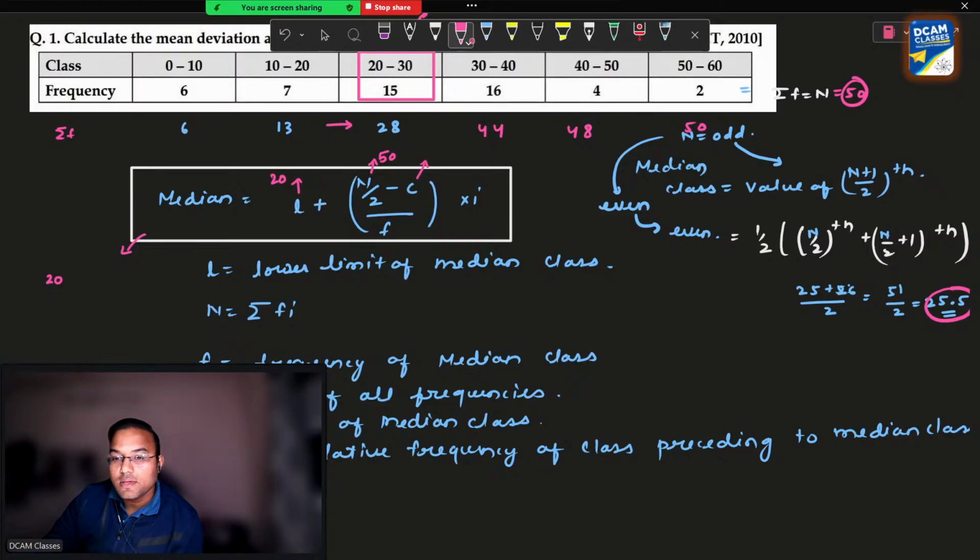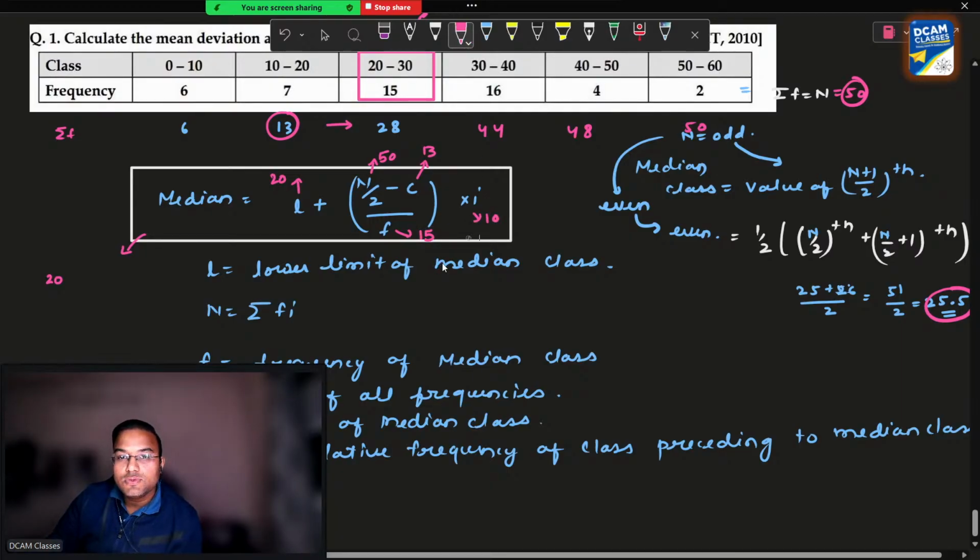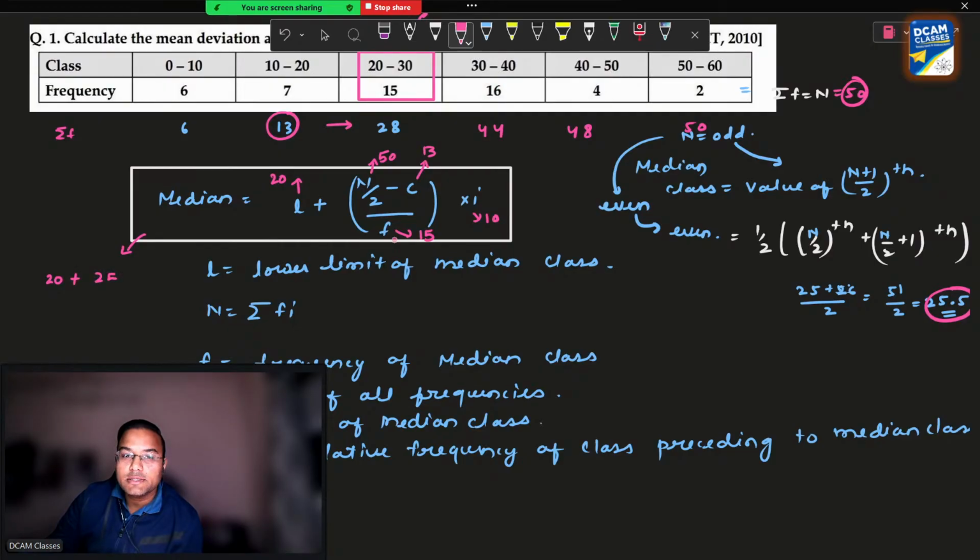C is the cumulative frequency of the class preceding the median class, it's 13. F is the frequency of the median class, 28 I guess. I is 10. So using this: 20 plus 25 minus 13 by 28 into 10. What should be the answer for it?